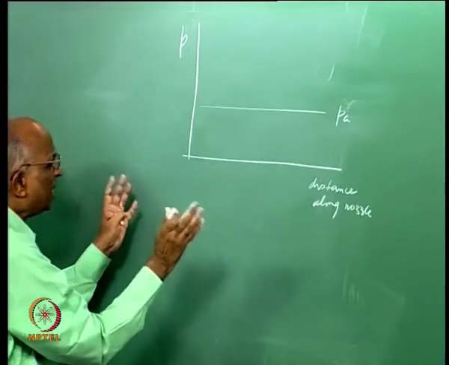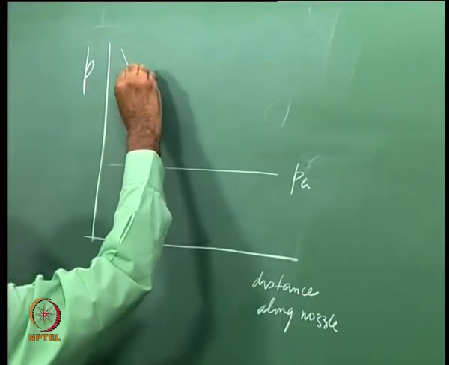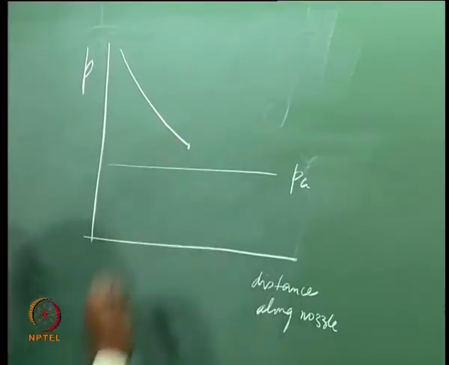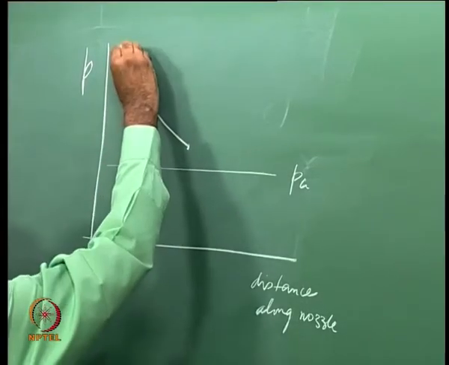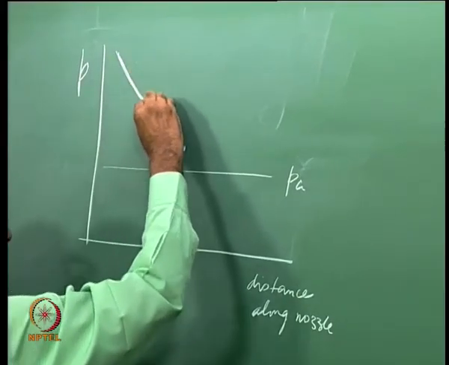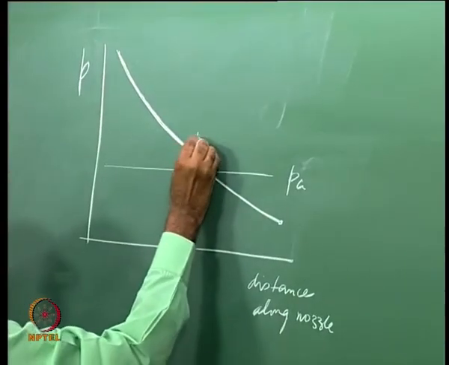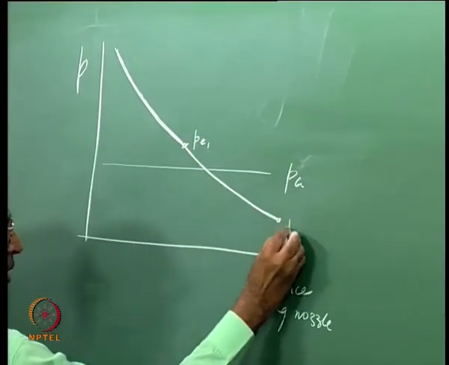Now in the first case the rocket nozzle is small, it comes over here. In the second case the rocket nozzle is bigger, and therefore maybe I expand it out still further, it comes over here. The first case is PE1, the second case is PE2.